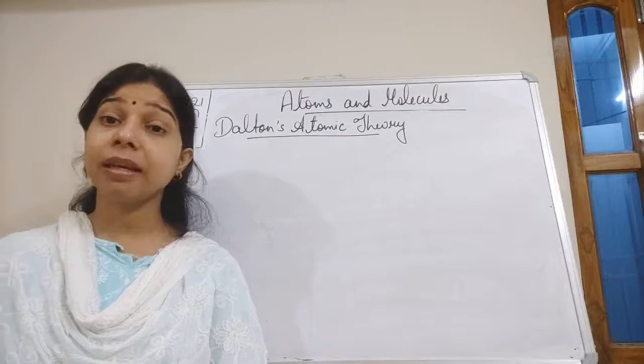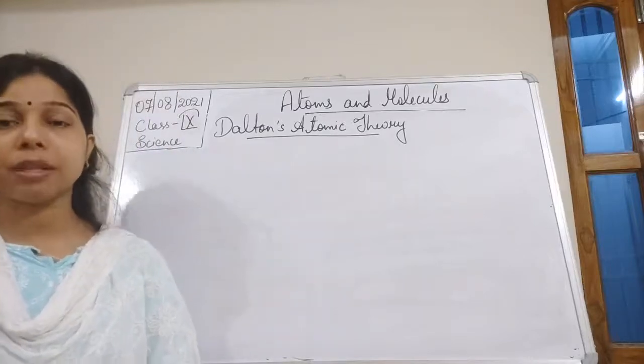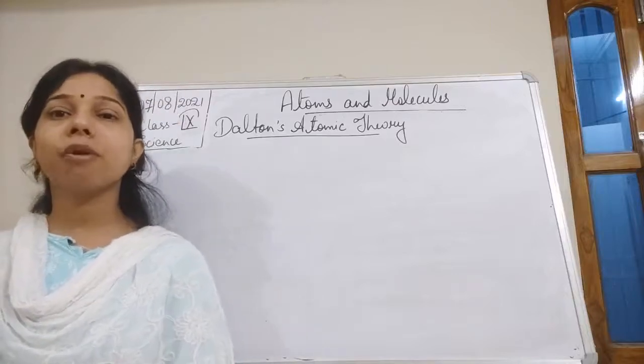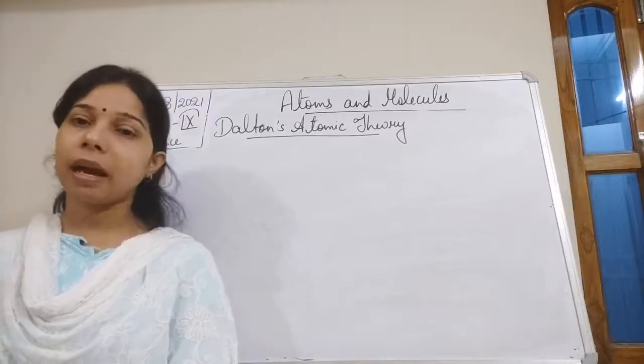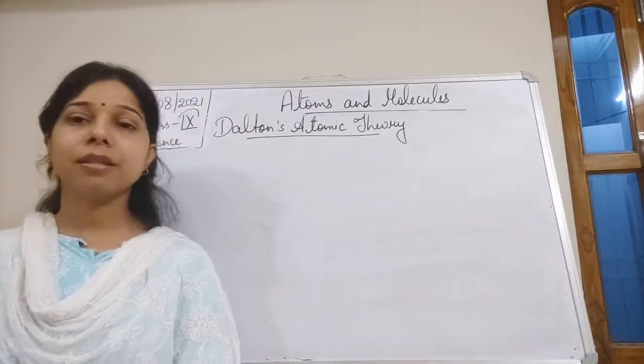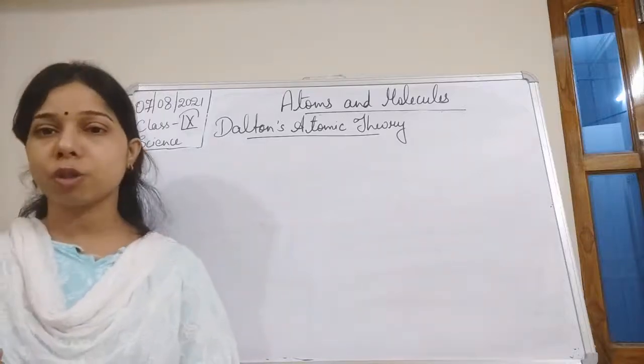It means it is an indivisible particle, and on the basis of this concept that the atom is the smallest unit, he gave some postulates in his theory, which is Dalton's atomic theory.